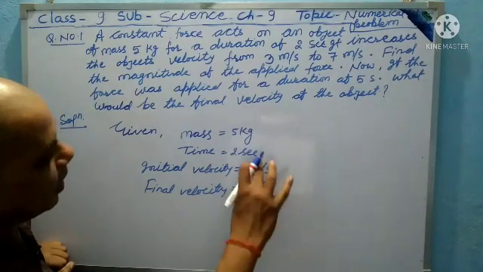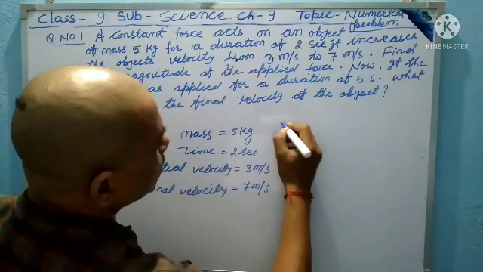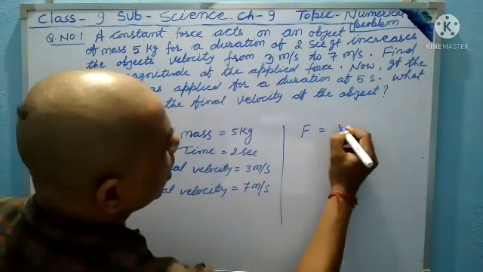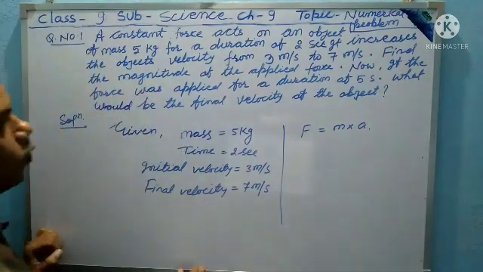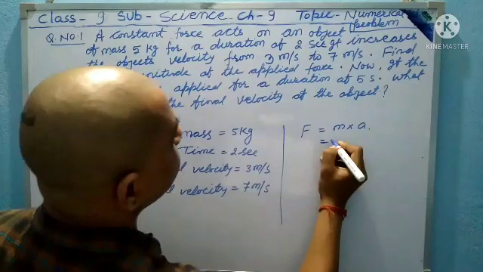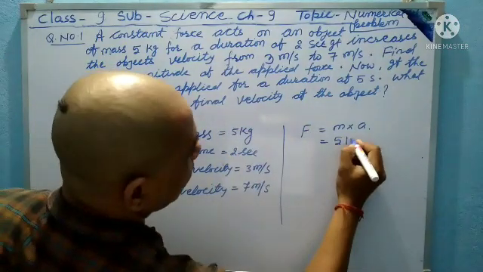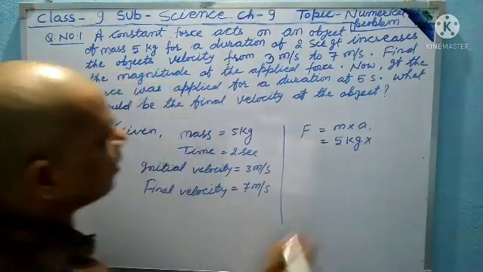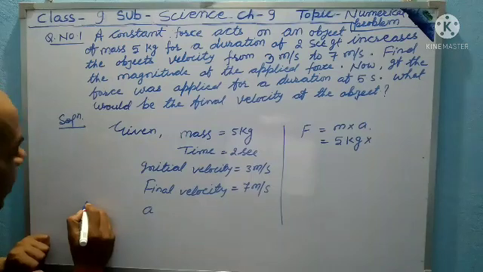First thing, we know that force is equal to mass into acceleration, m into a. Mass is given, that is 5 kg, and acceleration is to be found out. So, first find the acceleration.